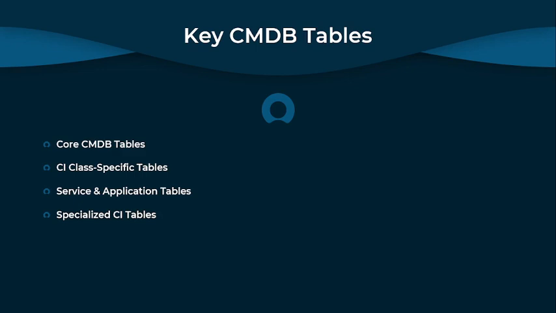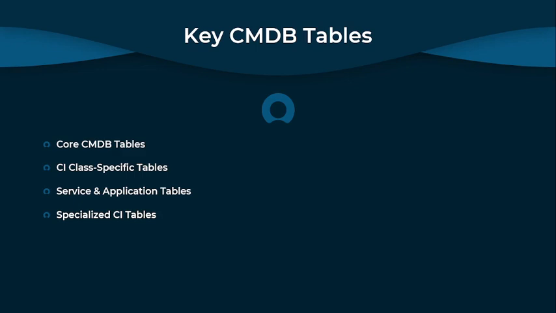Then the CI relationship table contains records of relationships between different CIs, detailing how they are related or dependent on each other. Key fields include parent CI, child CI, and the type of relationship. Then CI class specific tables like cmdb_ci_computer, a subclass of cmdb_ci dedicated to computers including servers and workstations.